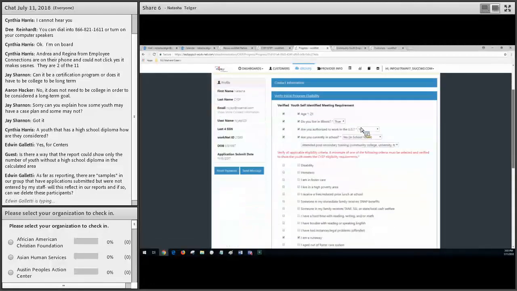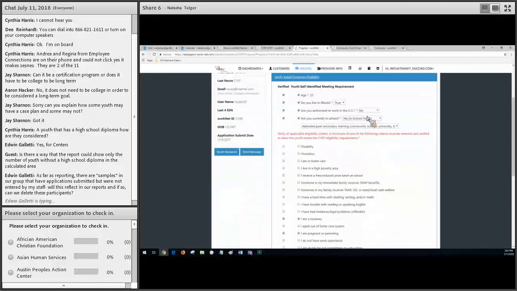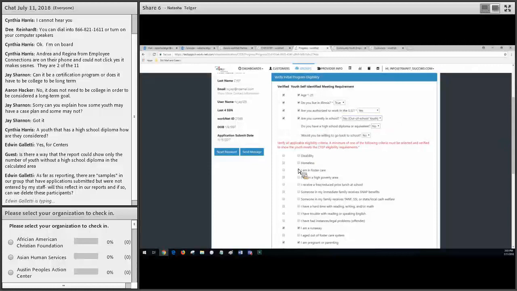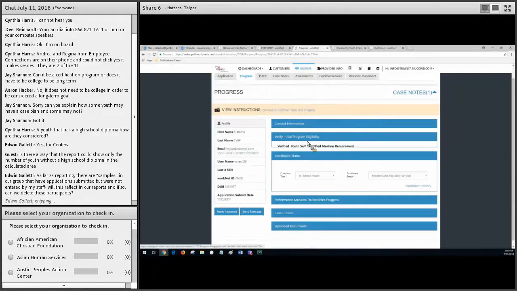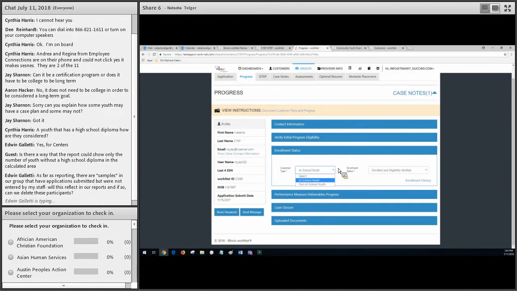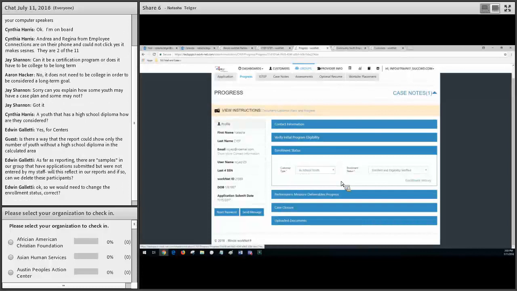And the reason why we picked this section, and why I took the time to show you this section as the criteria of what we're considering out-of-school youth, is because you may have people that change over time in this area. But your initial program eligibility is what we were going to base that on, because that's not changing.